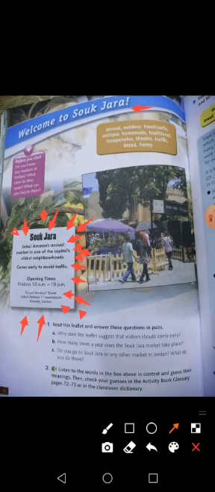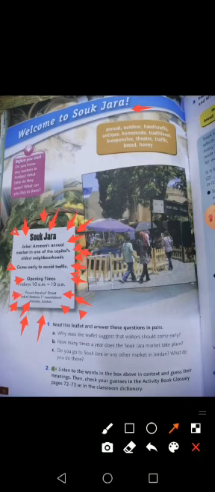Also here we have come early to avoid traffic. Come early, in the morning. Why? To avoid the traffic, because on a Friday there's a lot of traffic, right? The opening time on Fridays is 10 a.m. to 10 p.m., and this is the direction or the location of سوق جارة.